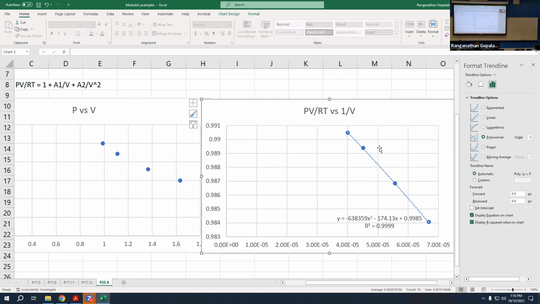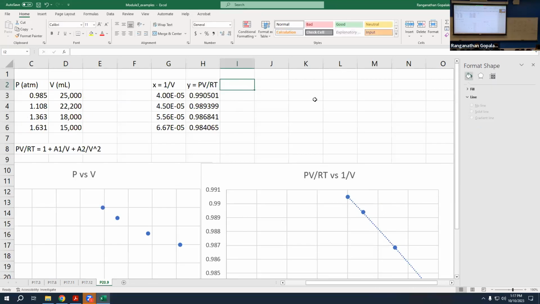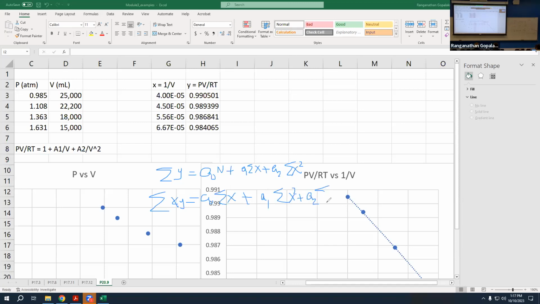But in this problem, the theory dictates you need a second order curve, and this is what you will get as fit constant. Now you can do the other way also, which is try to have equations set up. What are those equations? Sigma y equal to a naught n plus a1 sigma x plus a2 sigma x squared. Sigma xy equal to a naught sigma x plus a1 sigma x squared plus a2 sigma x cubed.